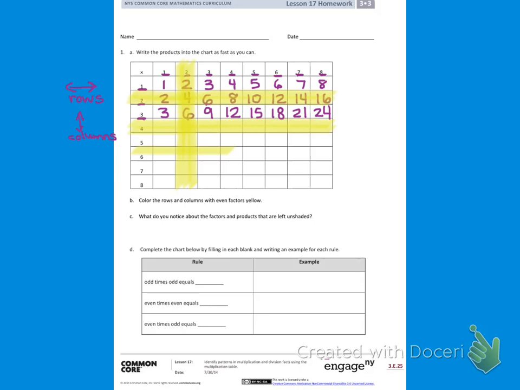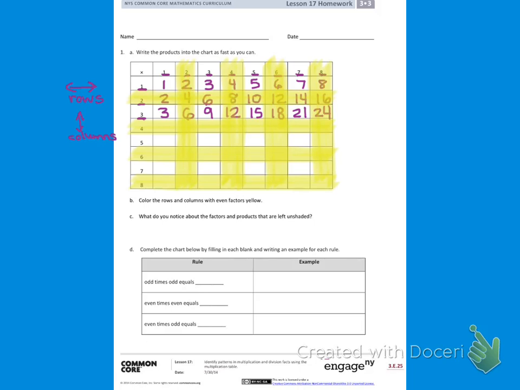And 6 is even. And 8 is even. My rows are done. 2 is even. 4 is even. 6 is even. And 8 is even. Now my columns are done.